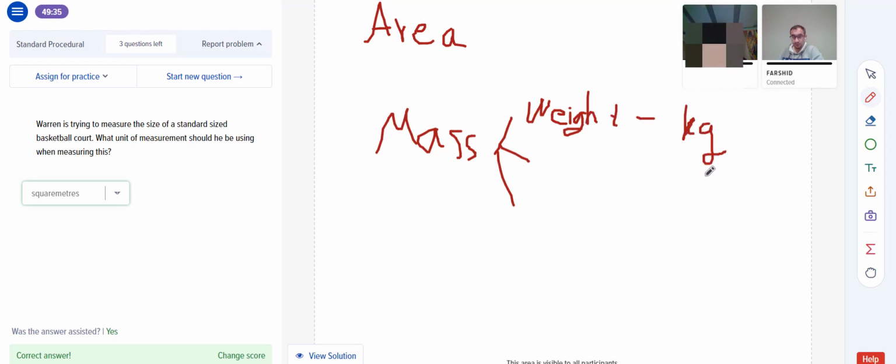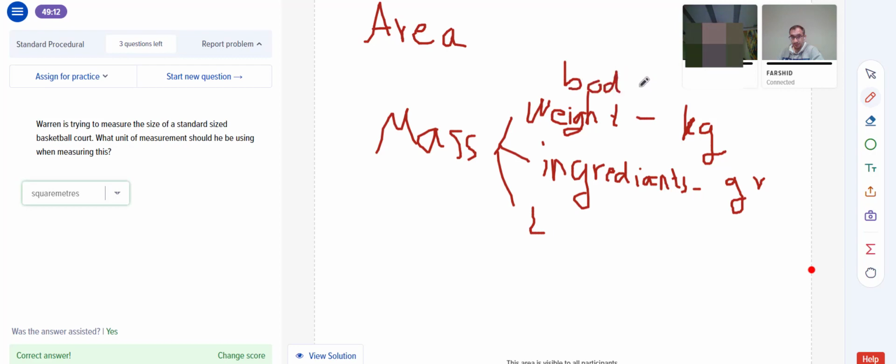When you want to measure the weight for ingredients, like food ingredients, we use gram. When we are weighing a large vehicle, for example a truck, we use tons.